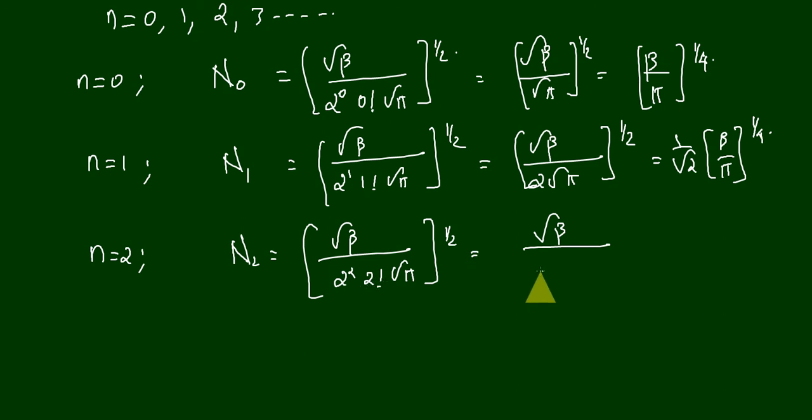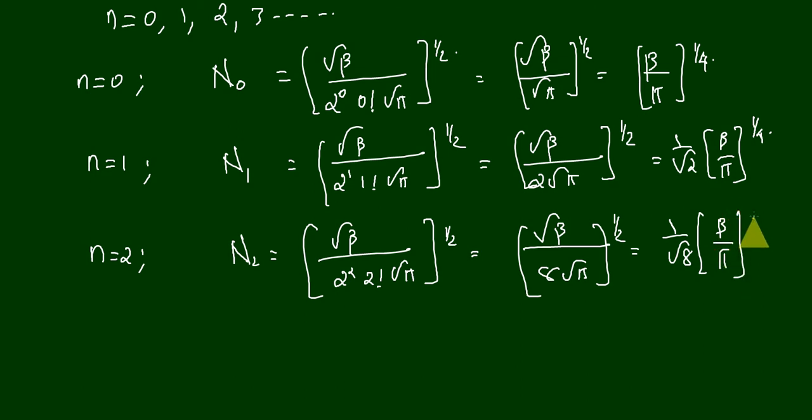So root beta divided by 8 into root pi, the whole raised to half, that is equal to 1 divided by root 8 into beta by pi raised to 1 by 4. Okay, so we have different normalization factors N0, N1, N2, etc. corresponding to the different quantum numbers n is equal to 0, 1, 2, 3, etc.